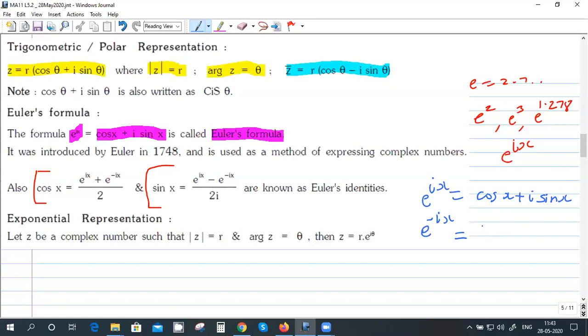So it will become cos minus x plus i sin minus x. What is cos minus x? It is cos x. And i sin minus x is what? Minus i sin x.